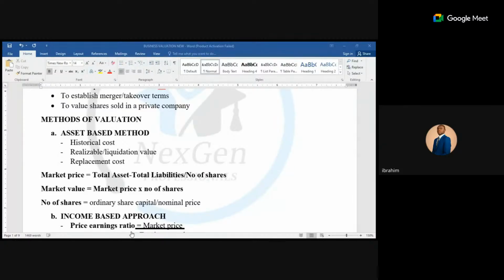Under the asset-based method, we have the realization or liquidation. Usually, this method is used to value a business when I want to acquire Rejoice's business and I see that they want to liquidate.